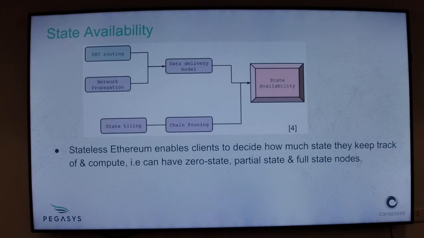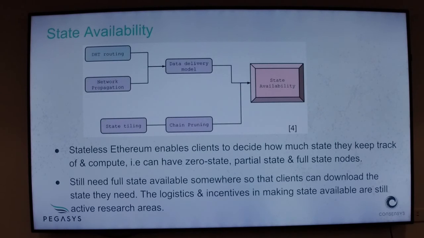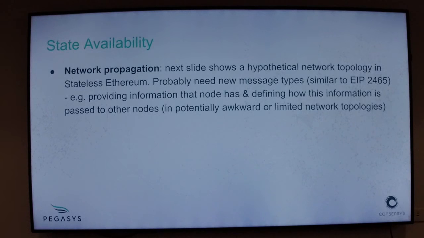Stateless Ethereum enables clients to decide how much state they keep track of and compute. So they can have zero state, partial state and full state. You still need full state available somewhere, so that clients can download the state that they need. The logistics and incentives in making state available are all active research areas, and interesting conversations I've been listening into.